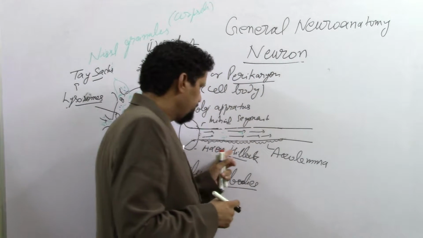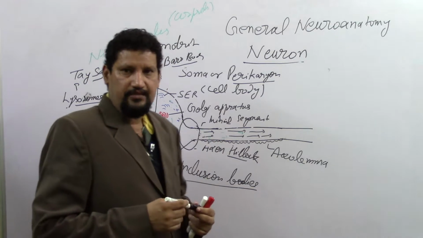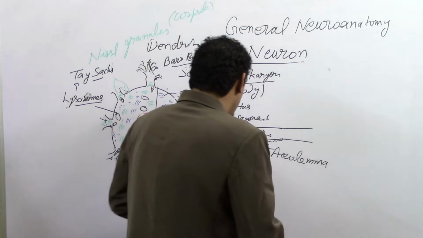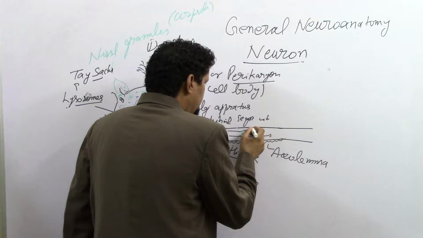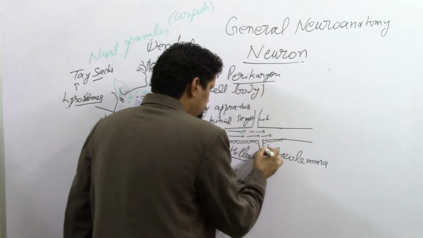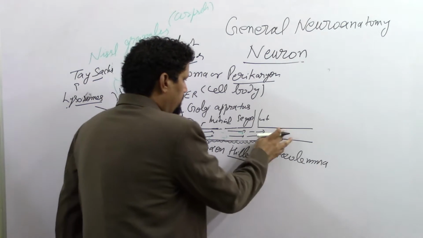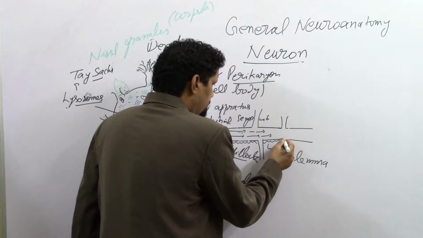This axon is covered by axolemma and having axoplasm inside, and it is also having branches which arise at right angle to the axon, but it maintains its diameter.